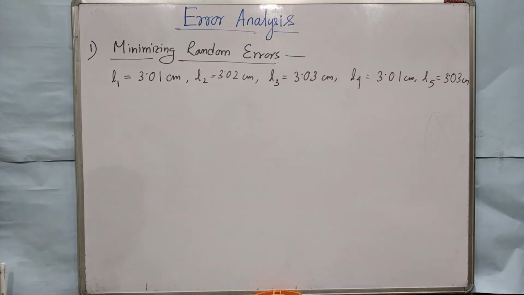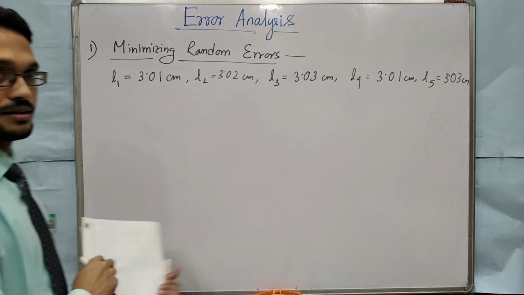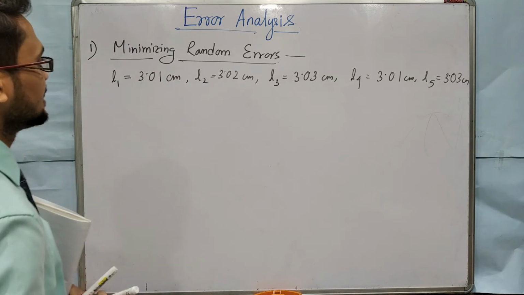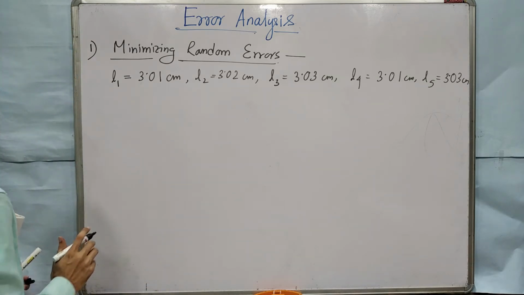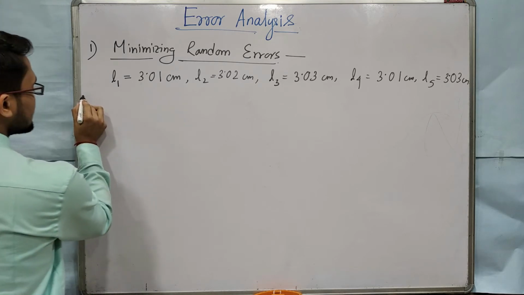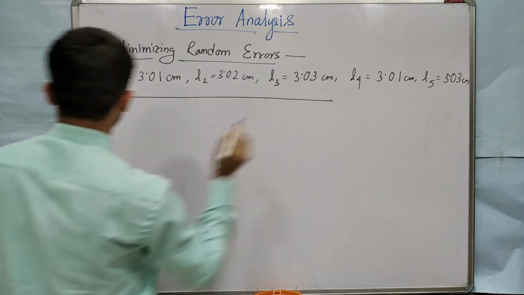Okay. Now you have to express the length in that way, that means L mean plus minus delta L average. So how to find that? So I am drawing a table so that it will be a proper way.